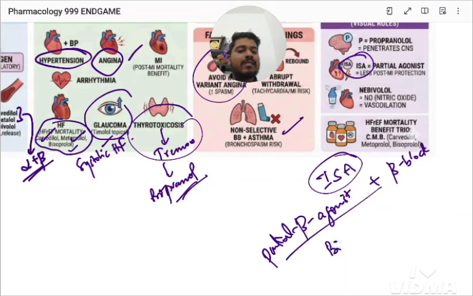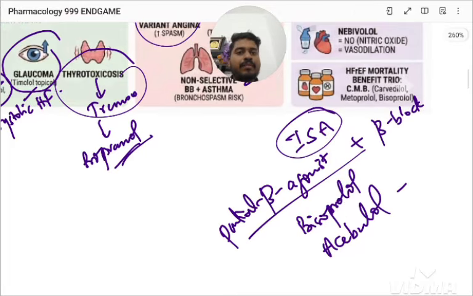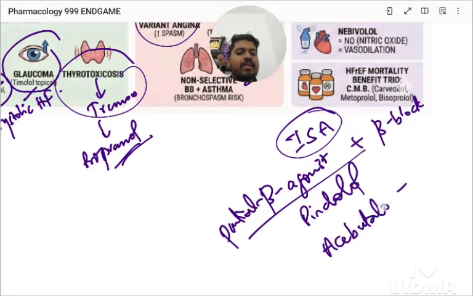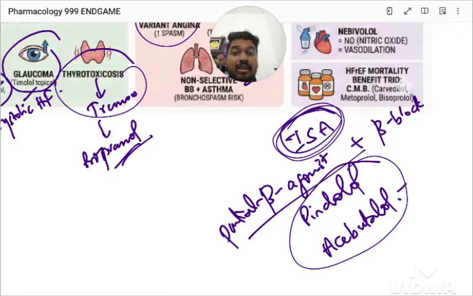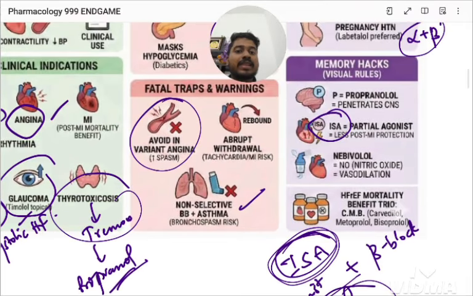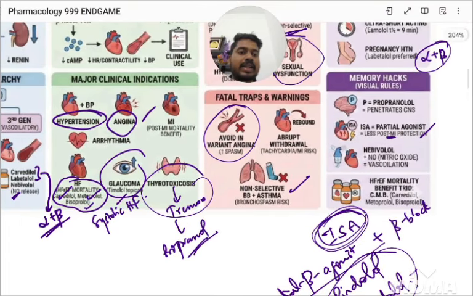Examples of this are pindolol and acebutolol. These two drugs have some intrinsic beta agonist activity, because of which they are not good in MI. Post MI, these two drugs are not of any use because of their partial agonist activity.